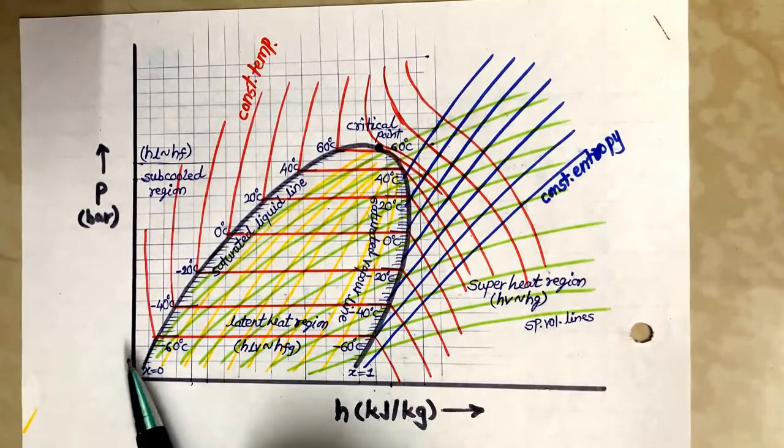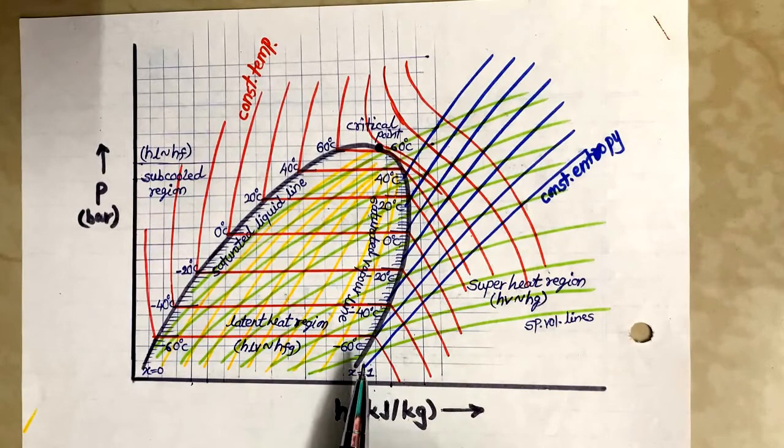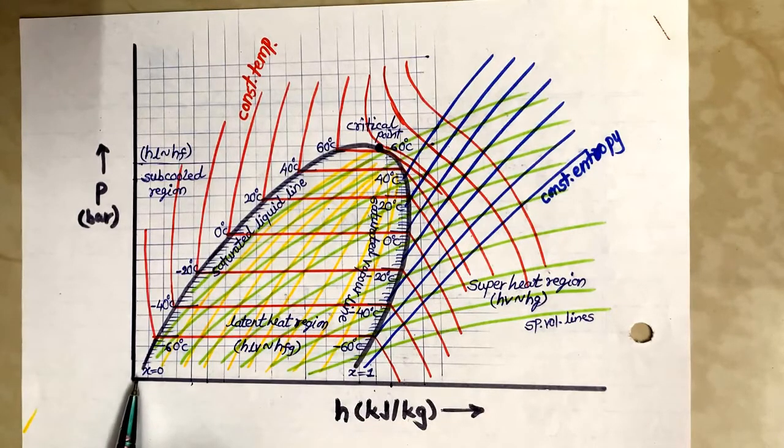The dryness fraction for liquid refrigerant is always equal to 0, whereas the dryness fraction for vapor refrigerant is always 1. It is very clear that the dryness fraction lies between 0 and 1.